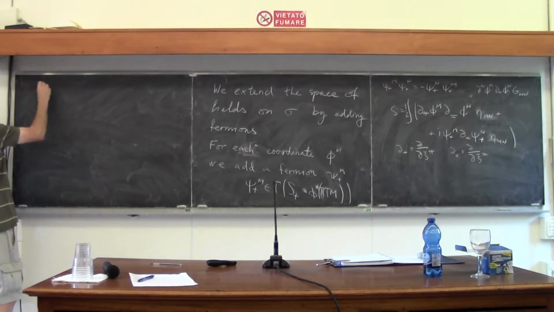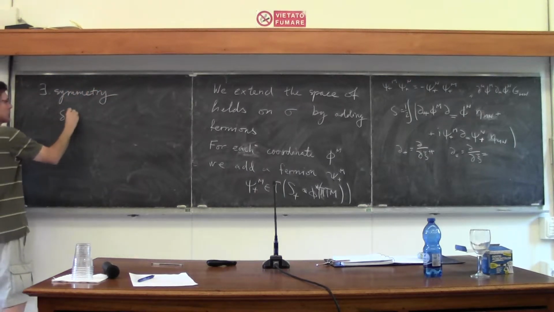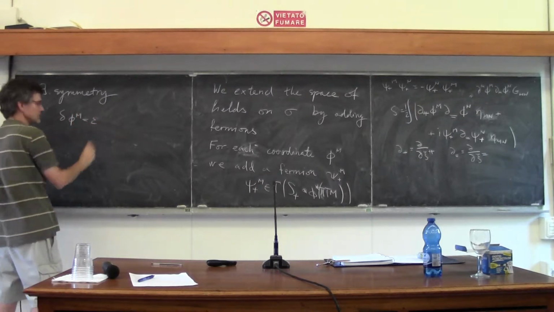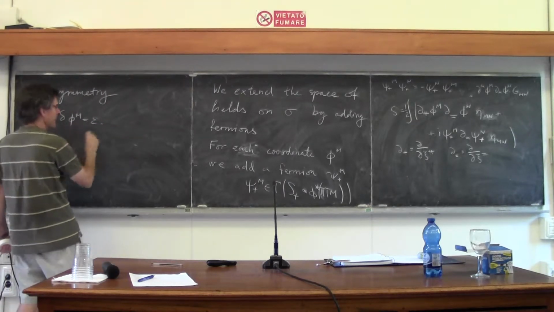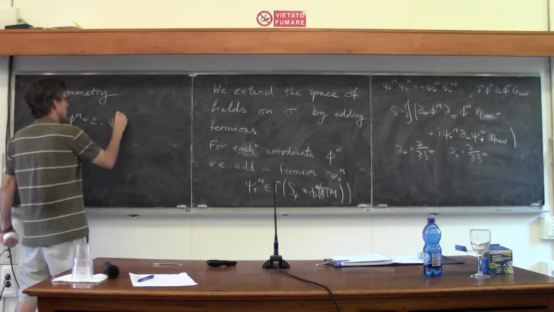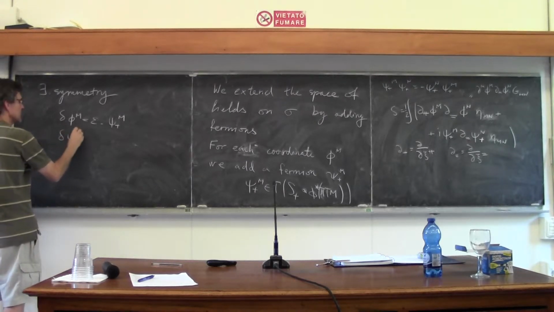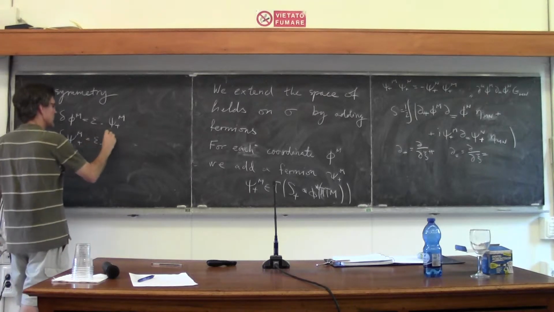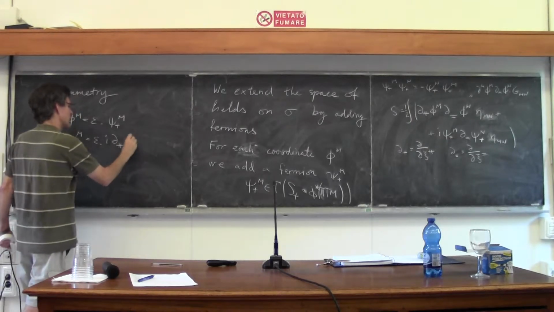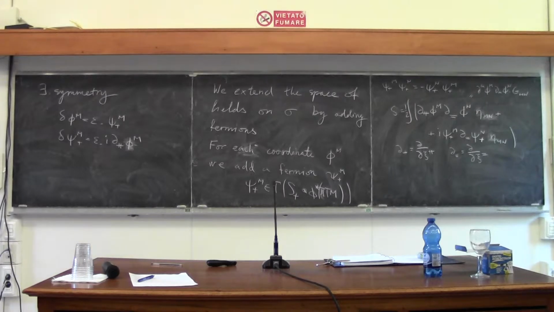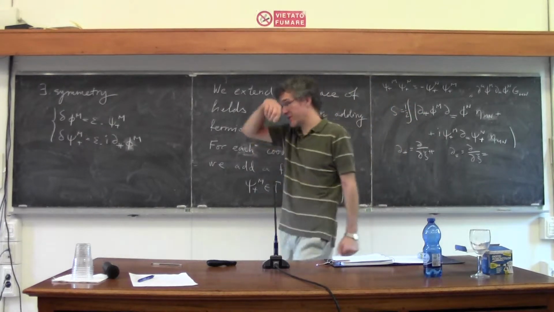Infinitesimally, the change in phi looks like this, and the change in psi is this, and you can verify by explicit computation. It's not hard that this is a symmetry of the action.